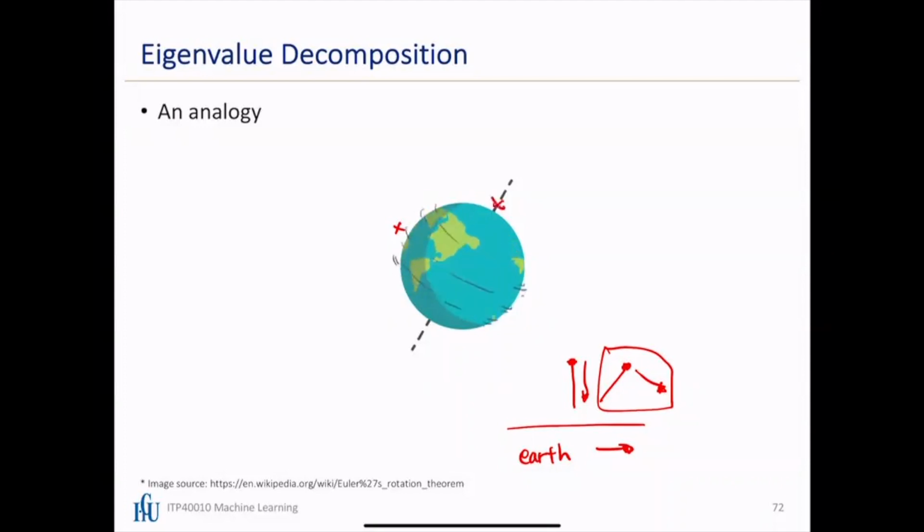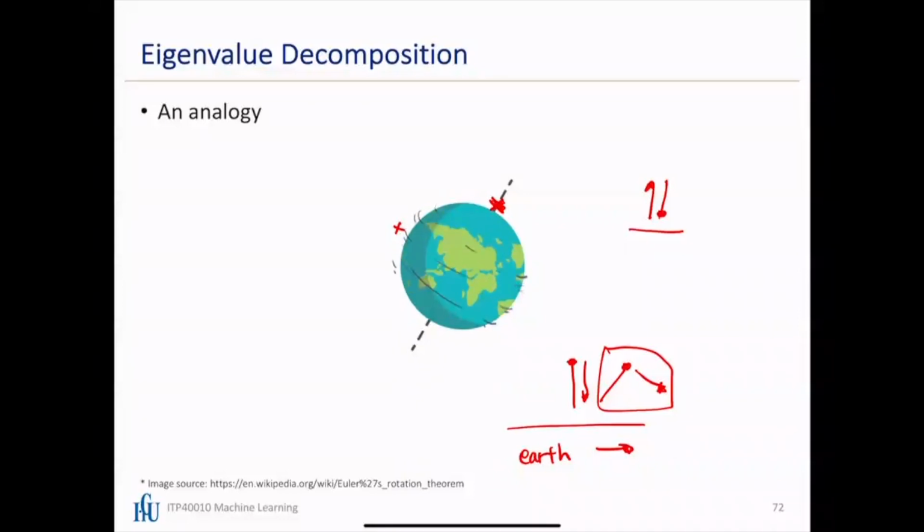Now let's think about the situation where you throw the ball to the sky from the North Pole. Then there is no movement from the Earth, right? You're basically just rotating in place, so your ball movement is purely going up and down.